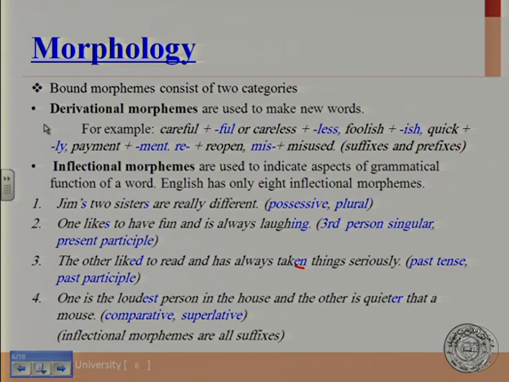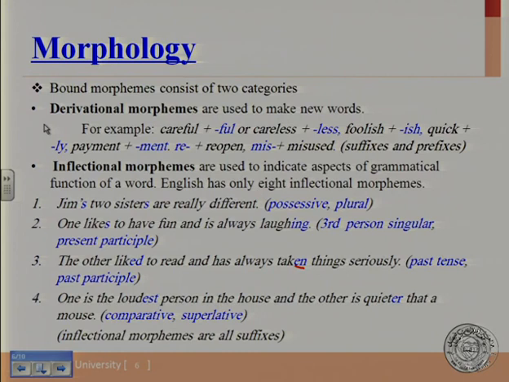Now let me just remind you, with the 8 inflectional morphemes in English, we have possessive S using the plural S, and the S also for the third person singular in the present simple tense. Next is present participle using the ing form in the present.